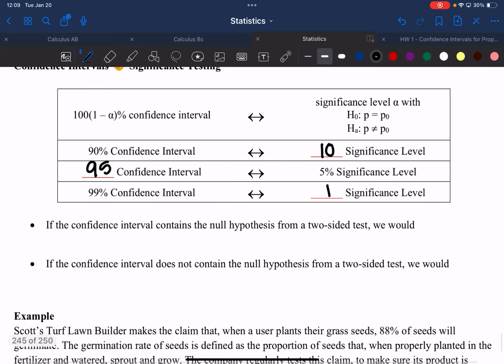Okay. So it says if the confidence interval contains the null hypothesis from a two-sided test, we fail to reject the null hypothesis.